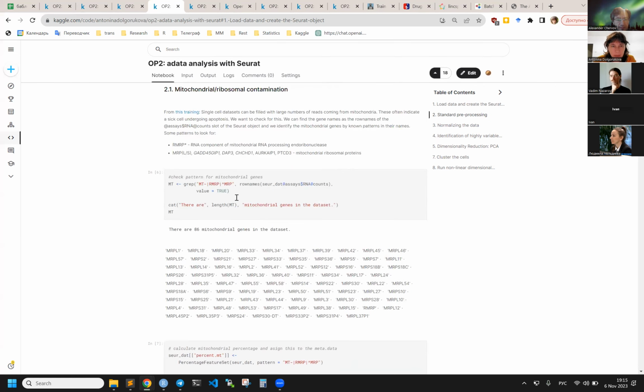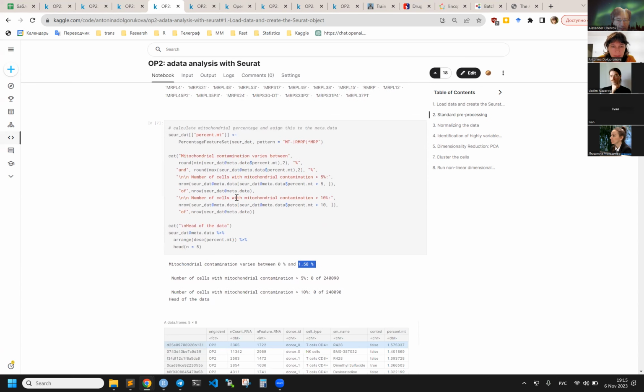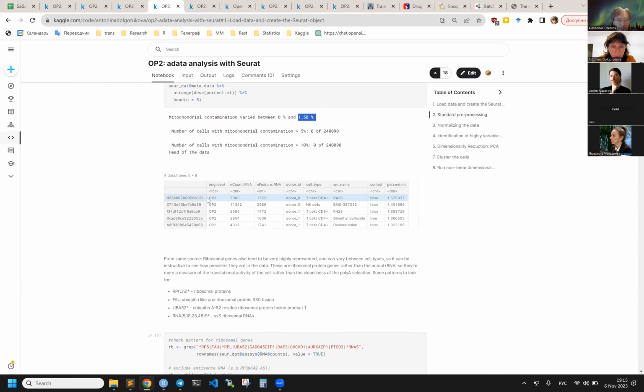Yeah, this simple step which I missed, creating the zeroth object, comes with this data frame with already calculated number of counts and number of features in each cell. Here is a cell, and we see in this cell there are 3,000-something counts. It's just the sum of all counts in this cell of all genes.